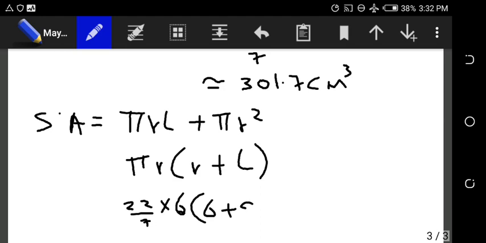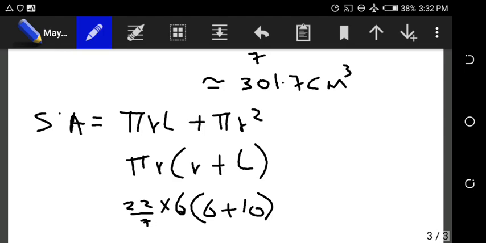What's that l now? Our l is the slant height, and the slant height, we got that to be 10 cm.